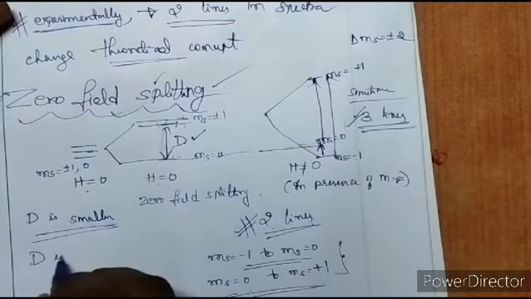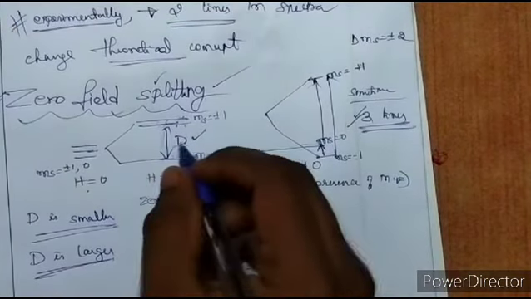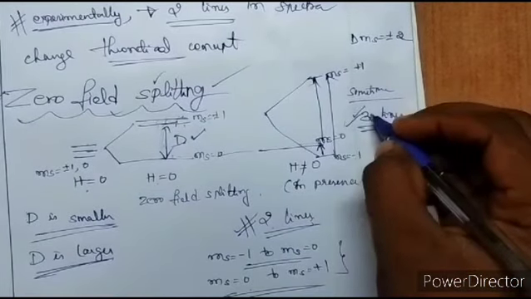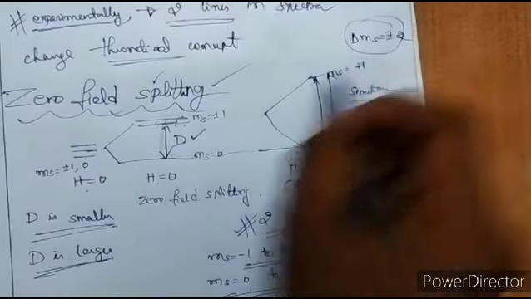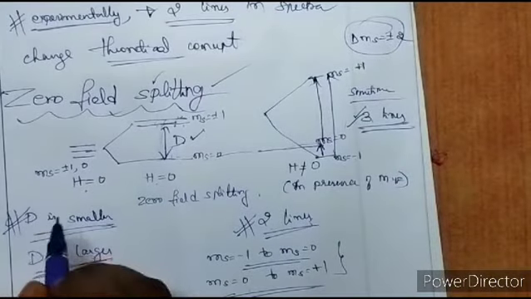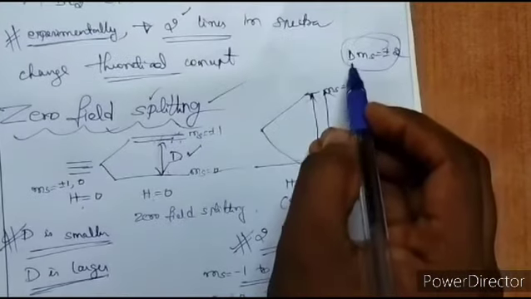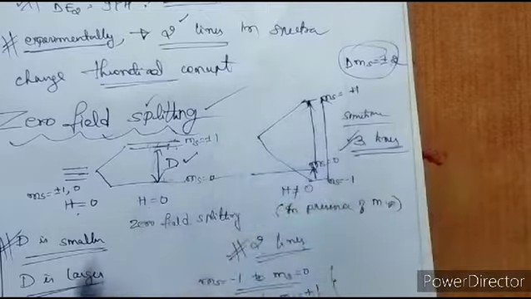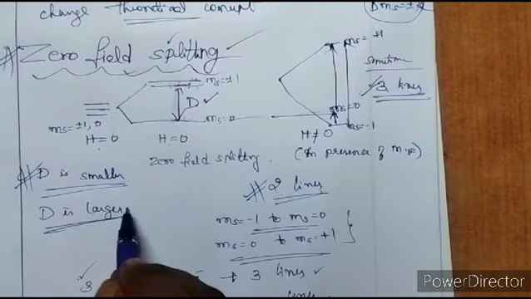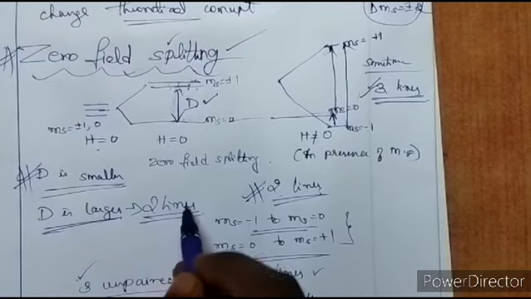But if D is larger, then you cannot expect this transition. This selection rule is only for this one. If D is smaller, then you can expect a transition corresponding to delta ms is equal to ±2, while if D is larger, then only 2 signals are observed in the ESR spectrum.